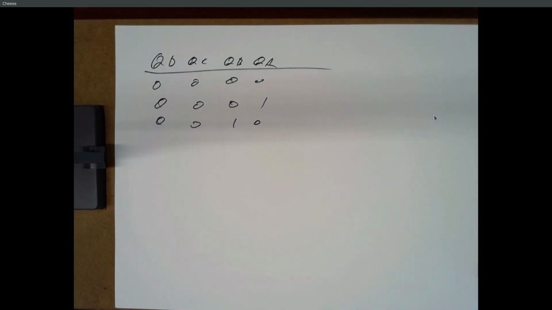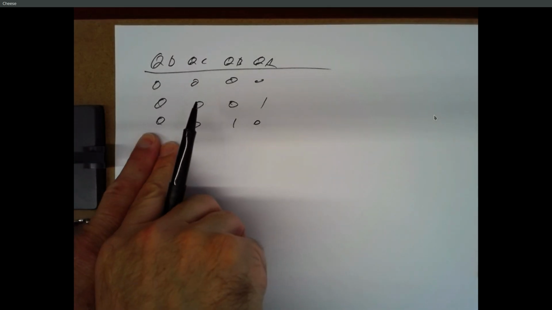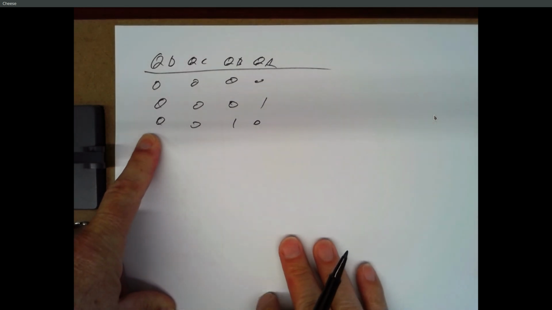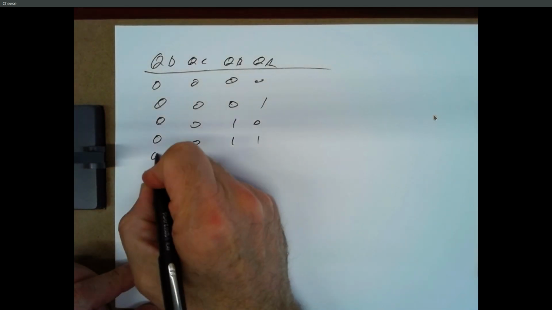So this is just going to count in the usual way, right? And you noted that the load line is connected to QD, right? And so if QD is 0, that load line is a 0, it's not doing anything. So this is really going to just count normally.